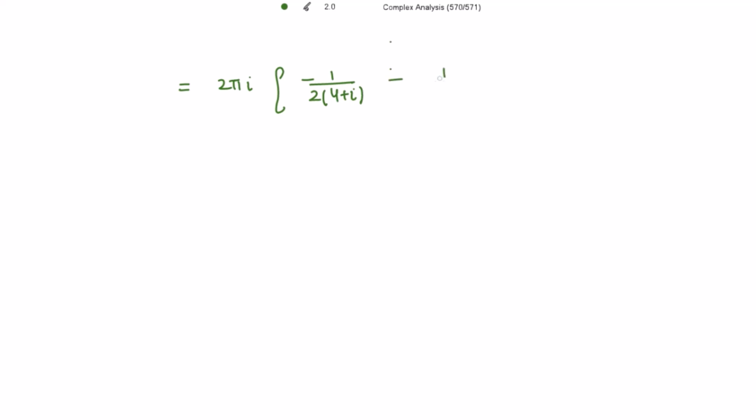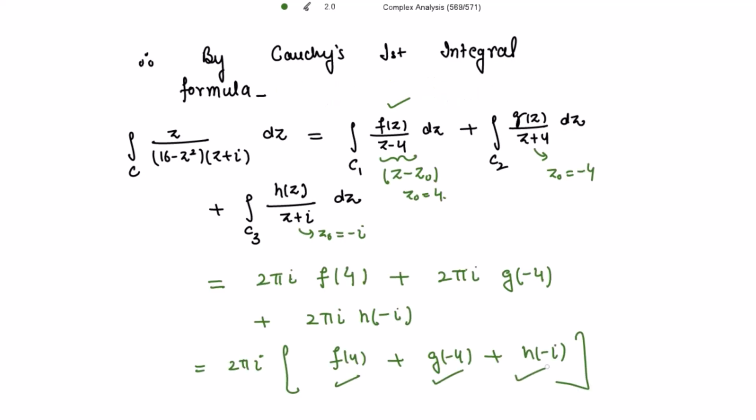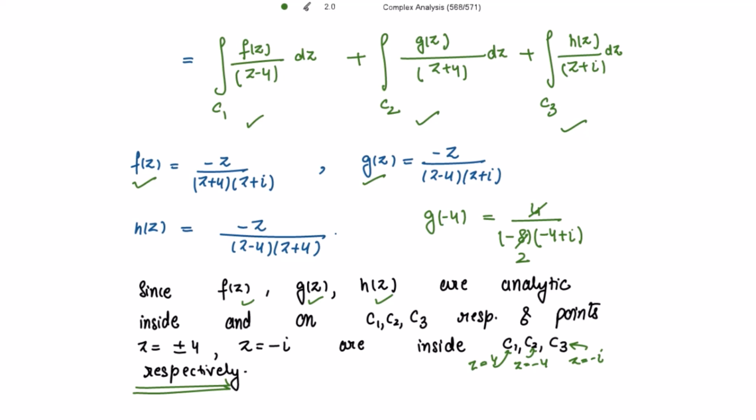And now what is h(-iota)? From here, h at minus iota, the numerator becomes iota divided by minus iota minus 4 into minus iota plus 4. Let me take negative outside so that it becomes iota plus 4, or 4 plus iota.